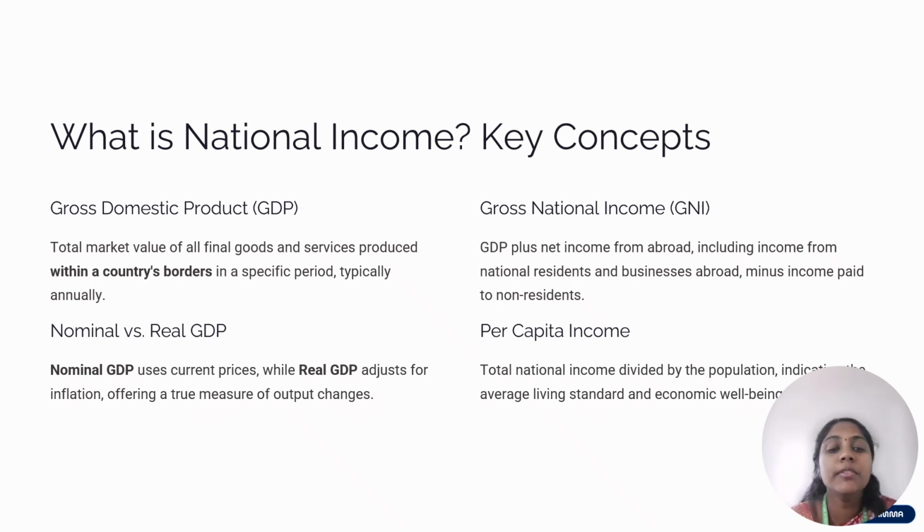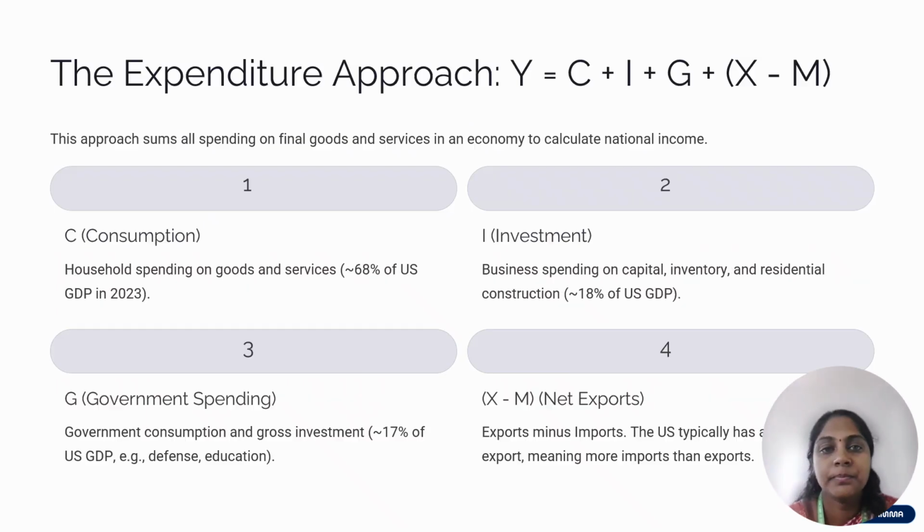The real GDP will get adjusted to the inflation, and it will show for the future forecasts of the country where inflation takes place. GNI is gross national income, where we calculate the net GDP plus net income from abroad. The per capita income is the total national income divided by the population, indicating the average standard of living and economic well-being of the people living there.